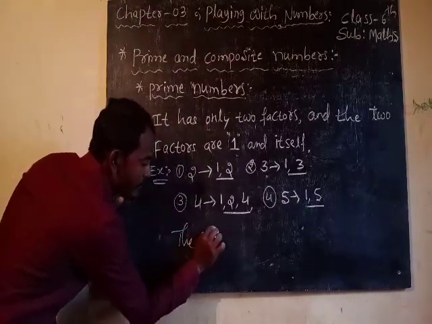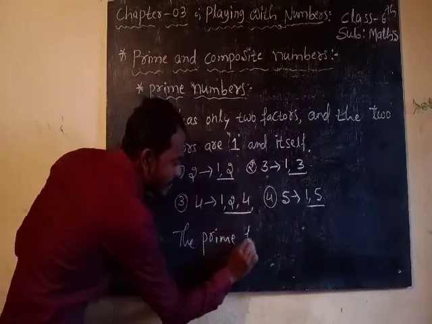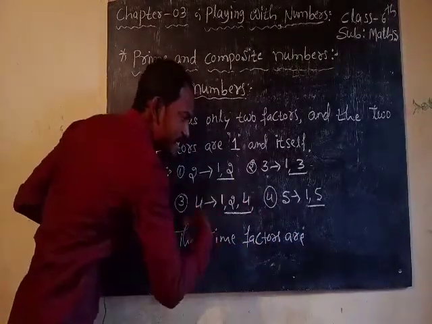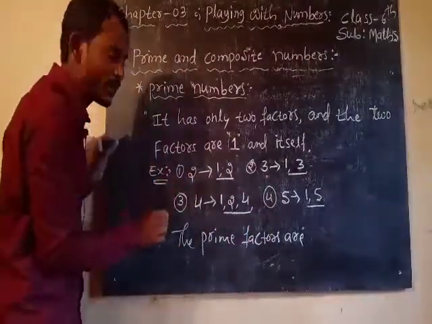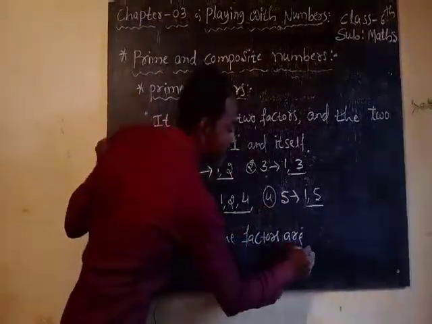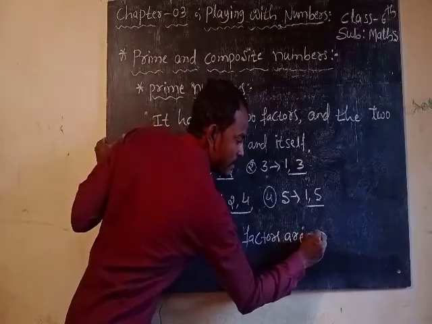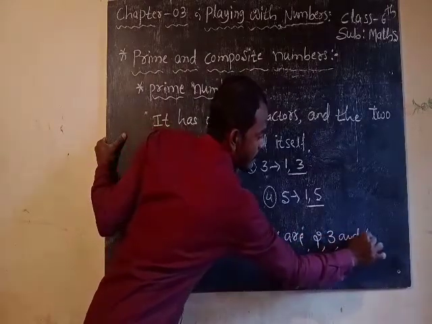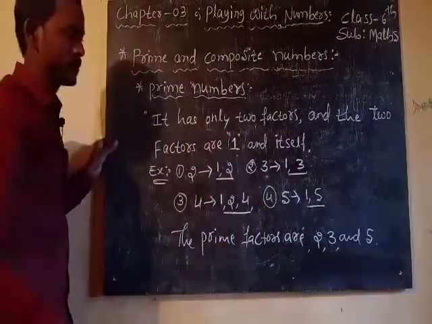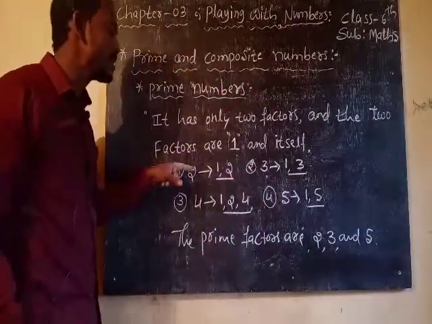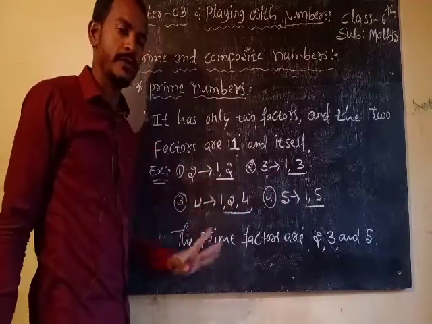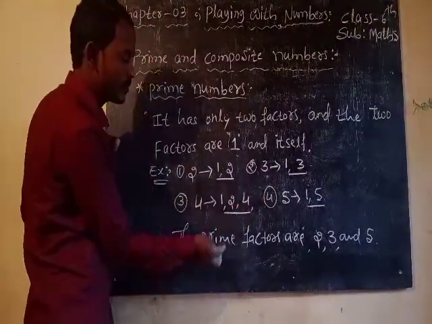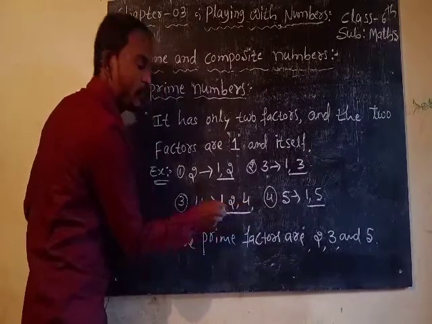So in this example the prime numbers are 2, 3 and 5. Here 4 has more than 2 factors, so it is a composite number.